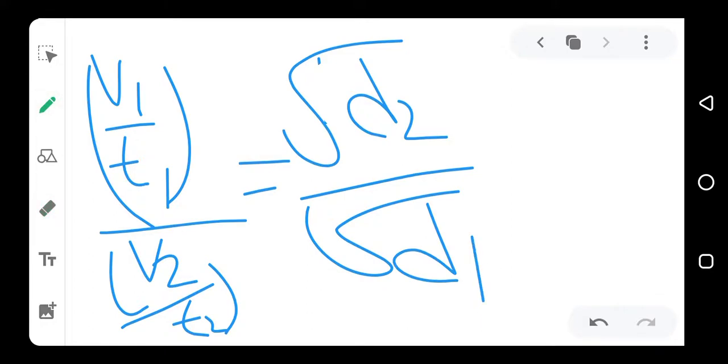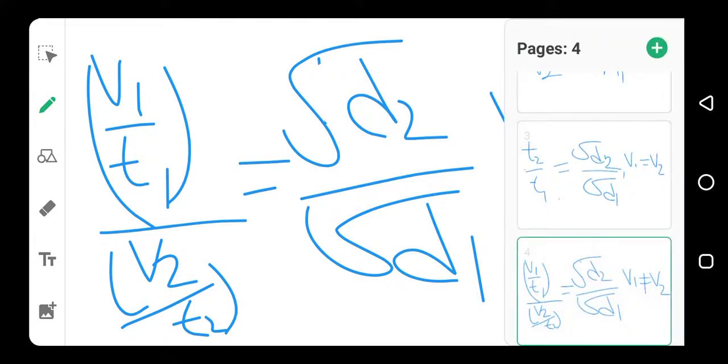So in this case, V1 is not equal to V2. We have the density of the gases and we are given different volumes for the gas and time. We use this formula.